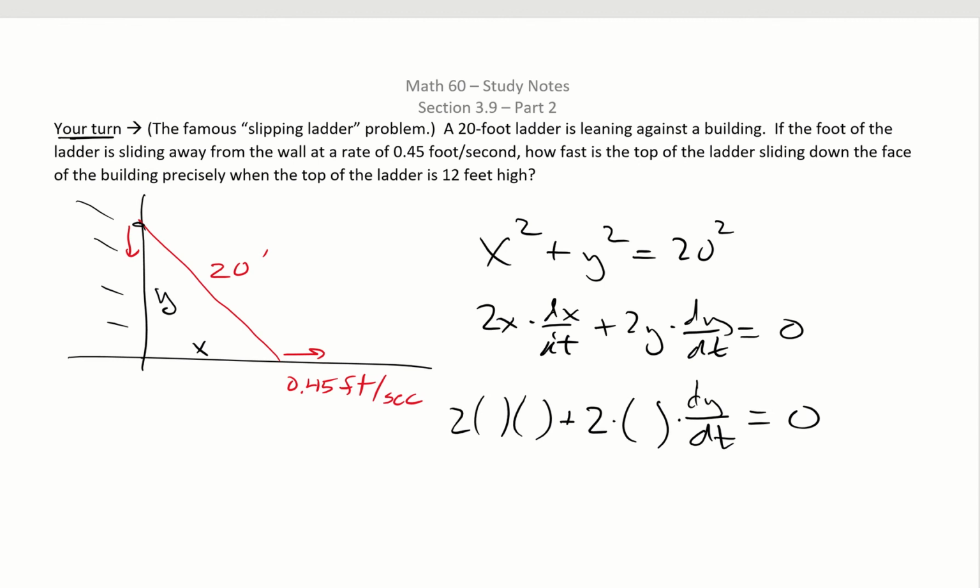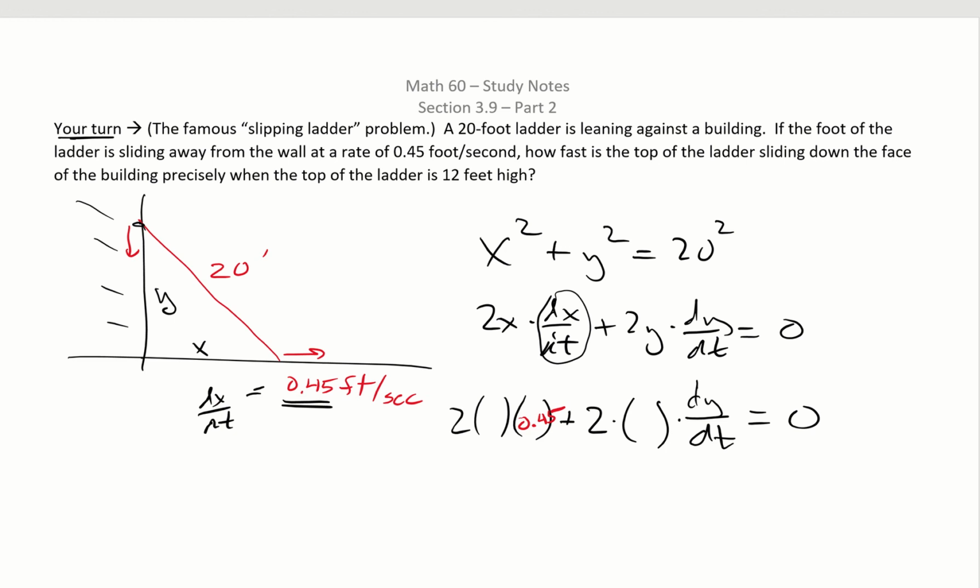Okay, so the rates are usually given. This guy right here, 0.45, is the rate at which x is growing. X is growing, so that would be dx/dt. I'm going to plunk that number in for dx/dt, 0.45.